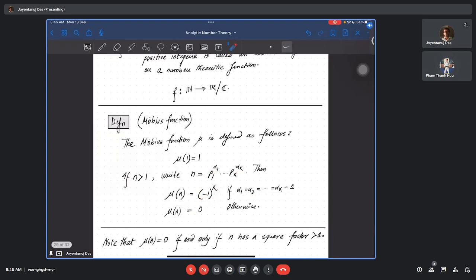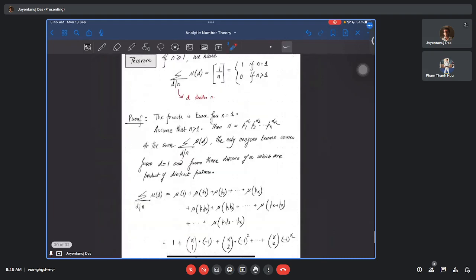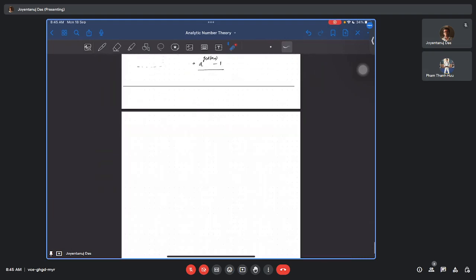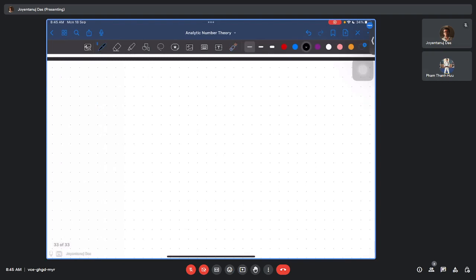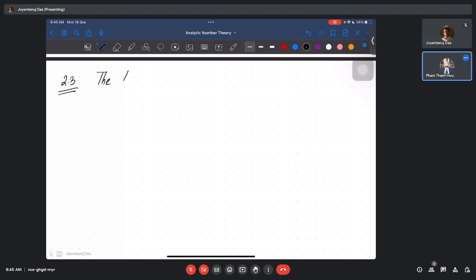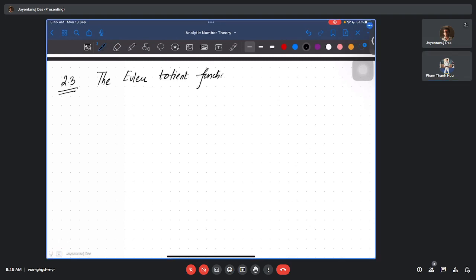Next we define one more function called the Euler's Totient function, phi of n.